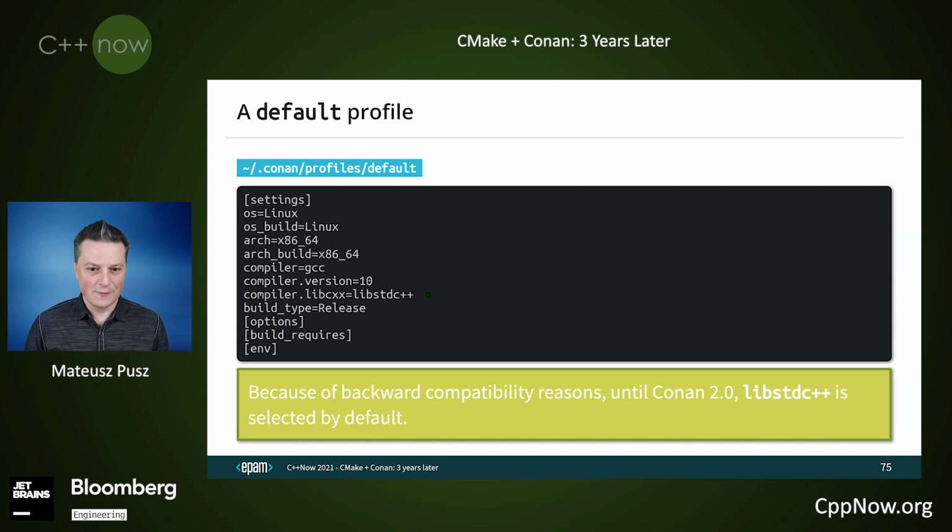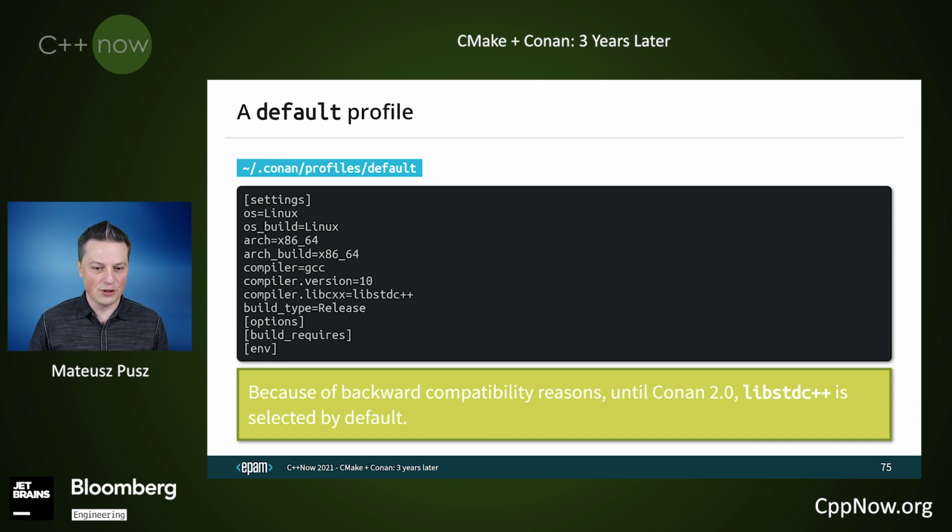So in most cases, the first thing you have to do after having the default profile is change it to use the C++11 version of it. As I said, this is maintained for backward compatibility reasons, but with Conan 2.0, there will be a breaking change that will fix it, and you will end up with a correct library by default right away.